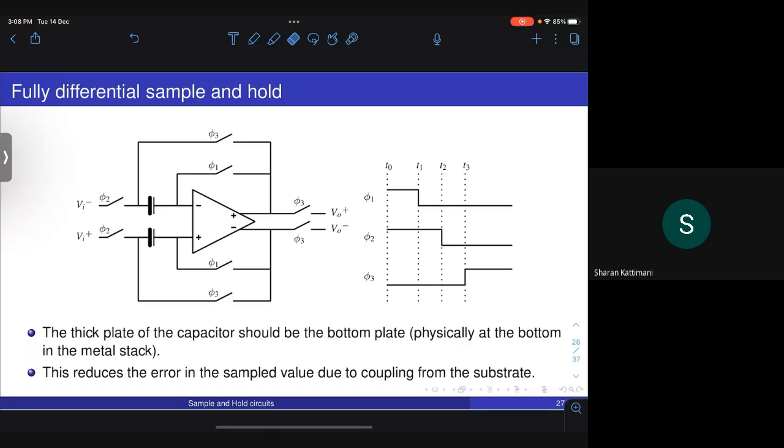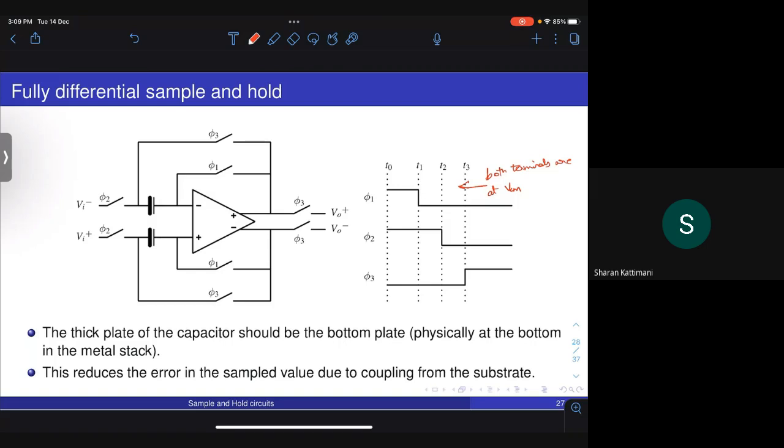So initially phi 1 is on, right? So if phi 1 is on, both terminals are at VCM of the differential amplifier, right? Both are at common mode.